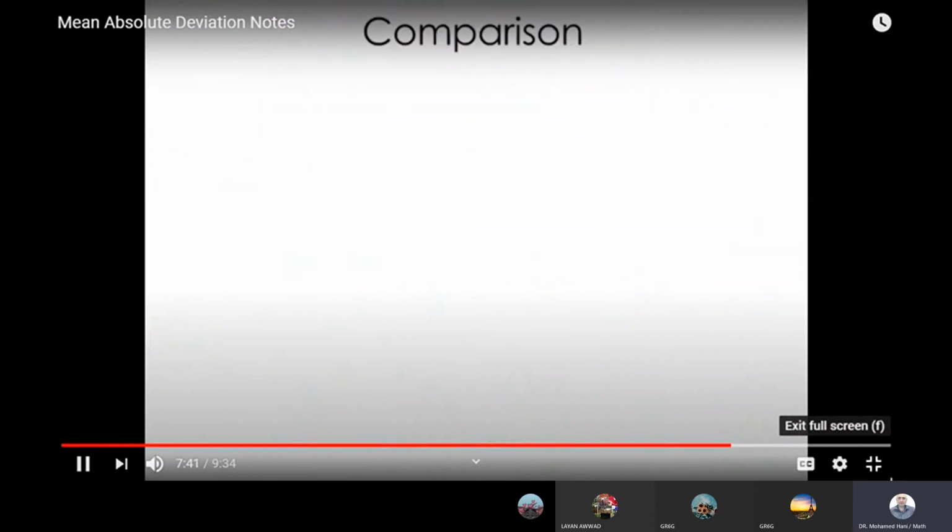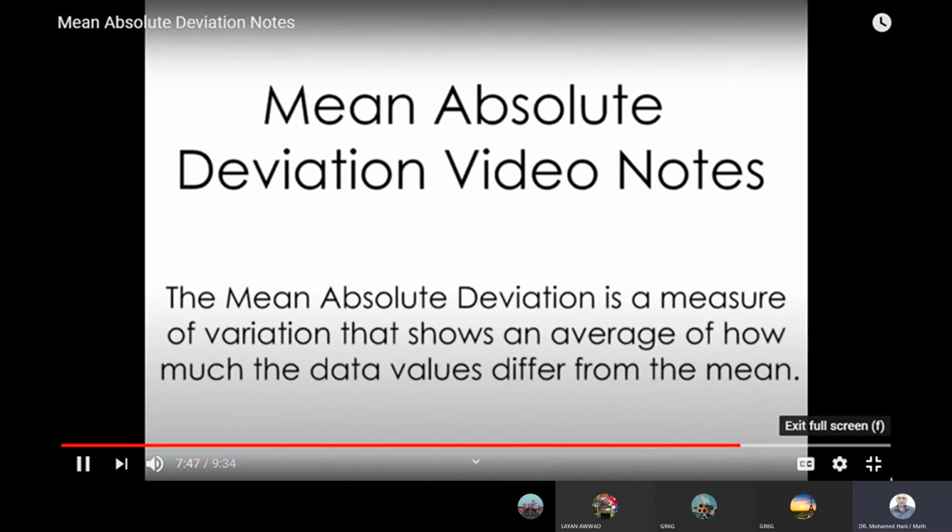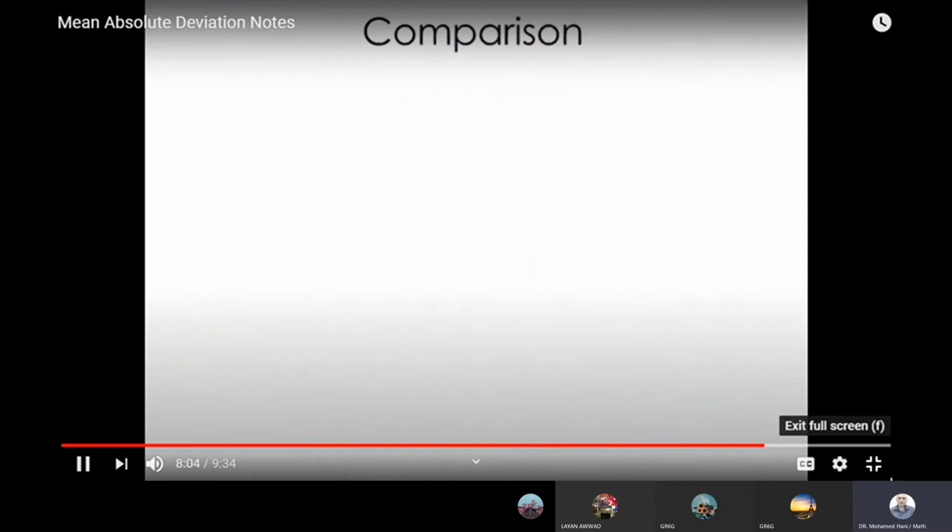Now we're going to write a comparison about which one has more variation. Just remember that mean absolute deviation shows you how much the numbers vary from each other. A higher mean absolute deviation means that there's more variance. A lower mean absolute deviation means there's less variance, so the numbers are grouped a little bit more closely.